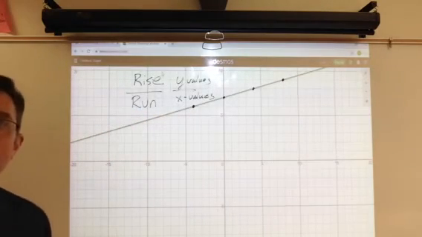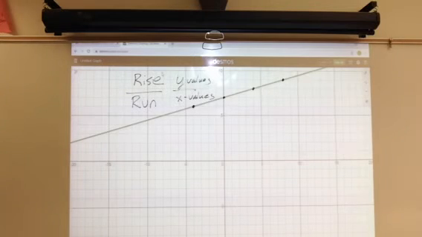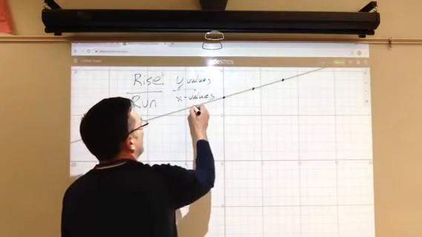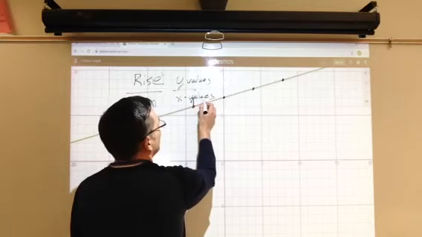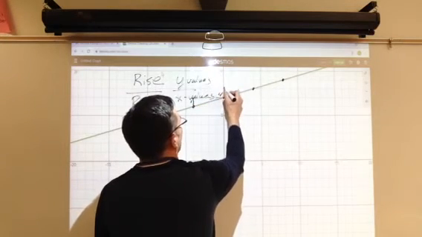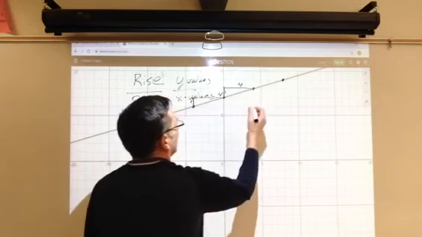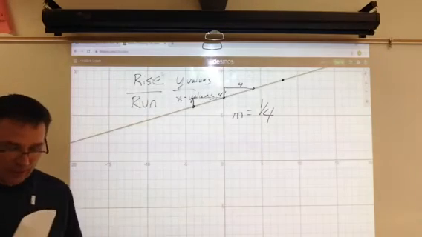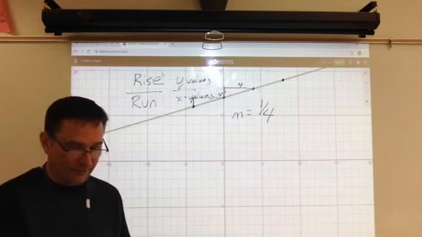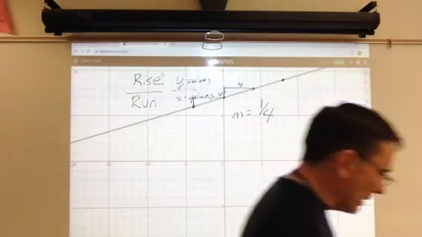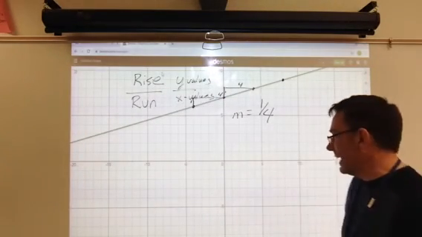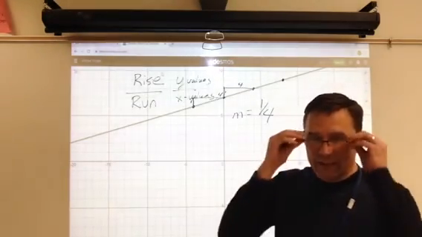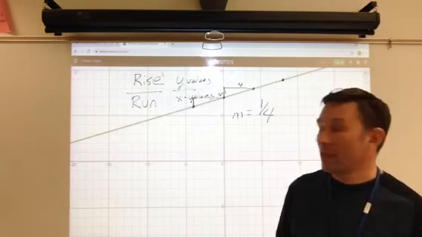So the first thing you want to think about is how do you go from left to right with these points? I see I'm going up 1, and I'm counting over 1, 2, 3, 4. Up 1, over 4. So the slope for this one is 1 over 4. We always want to leave this as a fraction. We don't want to divide it out and make it 0.25, because that makes it kind of hard on a graph. There's sometimes when we do want to write it as a decimal, but this is not one of them.